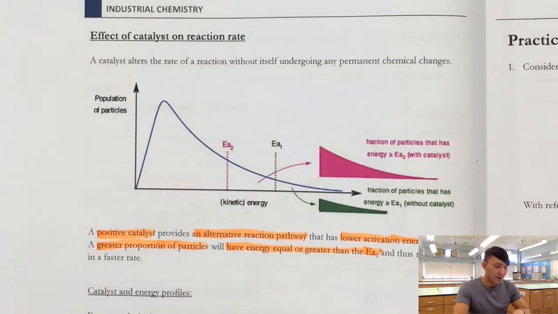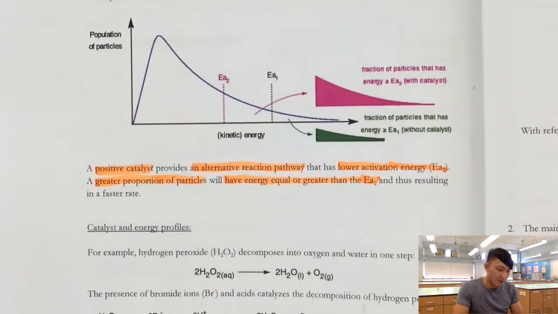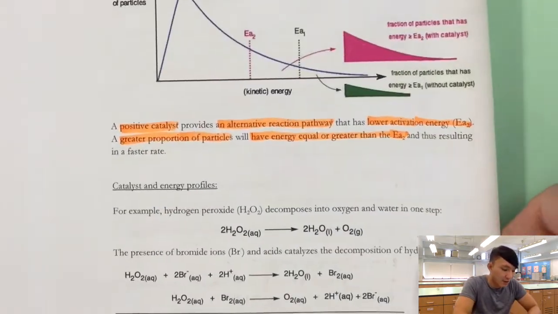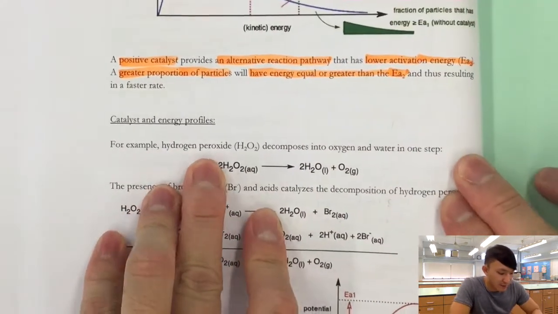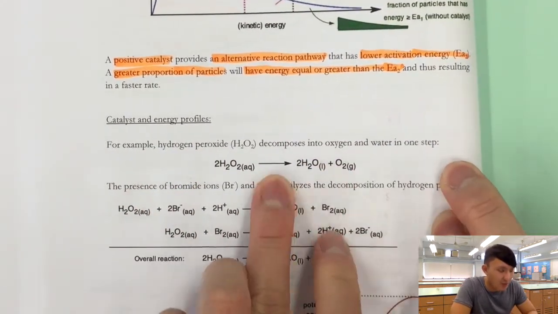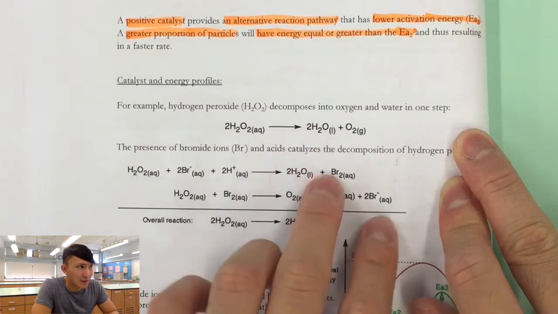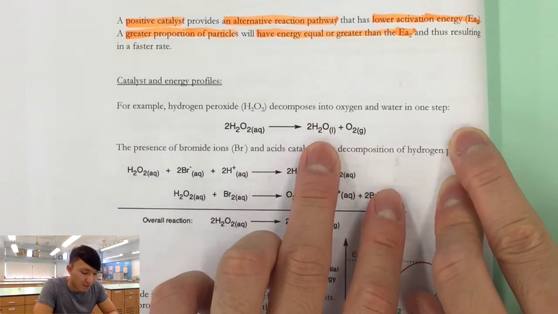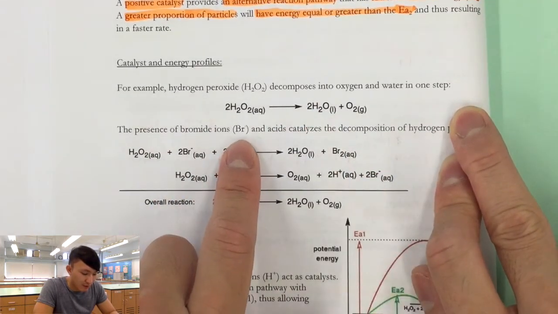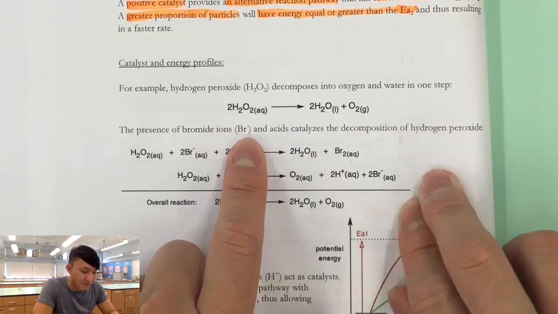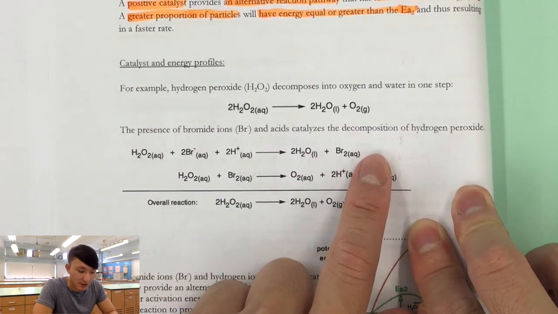Okay. Now down here we have an example. So hydrogen peroxide decomposes into oxygen and water in one step by itself, but this is pretty slow by itself, you can tell. But if we provide it with bromide ion, then the reaction goes much faster.